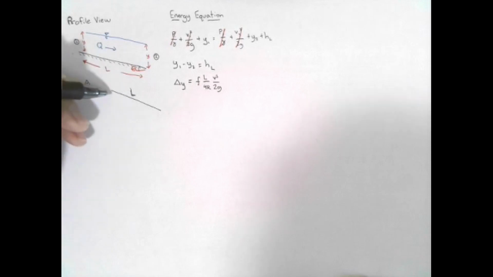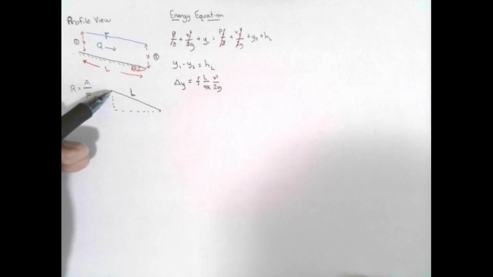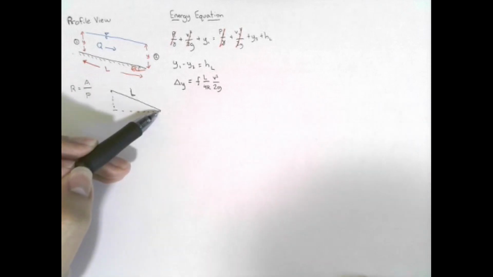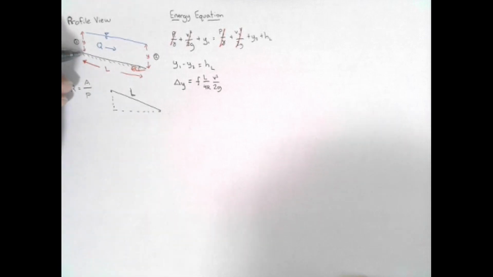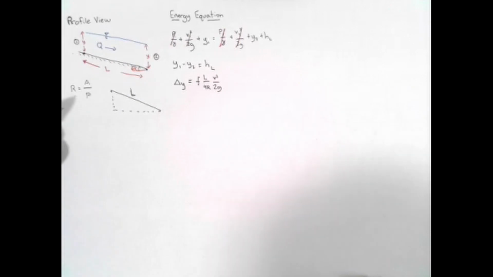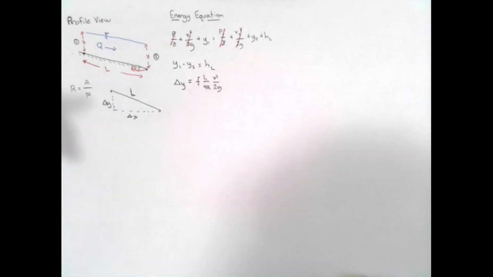And if this is the length of the channel, then this drop, the distance from here to here, is simply the drop in elevation. You can see that we have an elevation here of y1, an elevation down here of y2. Therefore, this is just y1 minus y2, which we also call delta y. If we set the horizontal direction to be our x direction, we can also call this delta x if we want to.